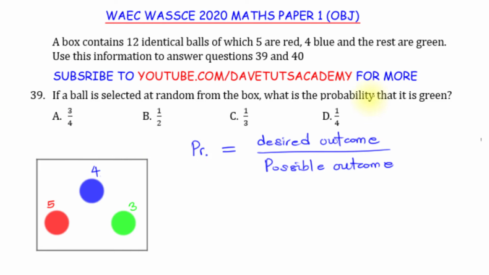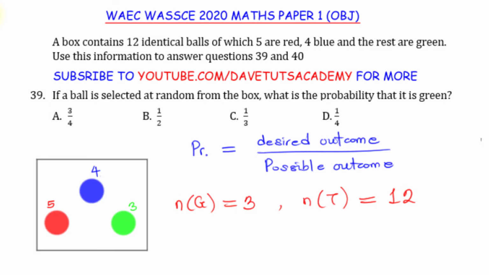But in this particular question, we are being asked the probability of picking a green ball. What's the number of green balls that we have there? We have gotten the number of green balls to be 3, that will be 12 minus the addition of the other 2. Then the total number of balls that we have is 12, as we are told in the question.